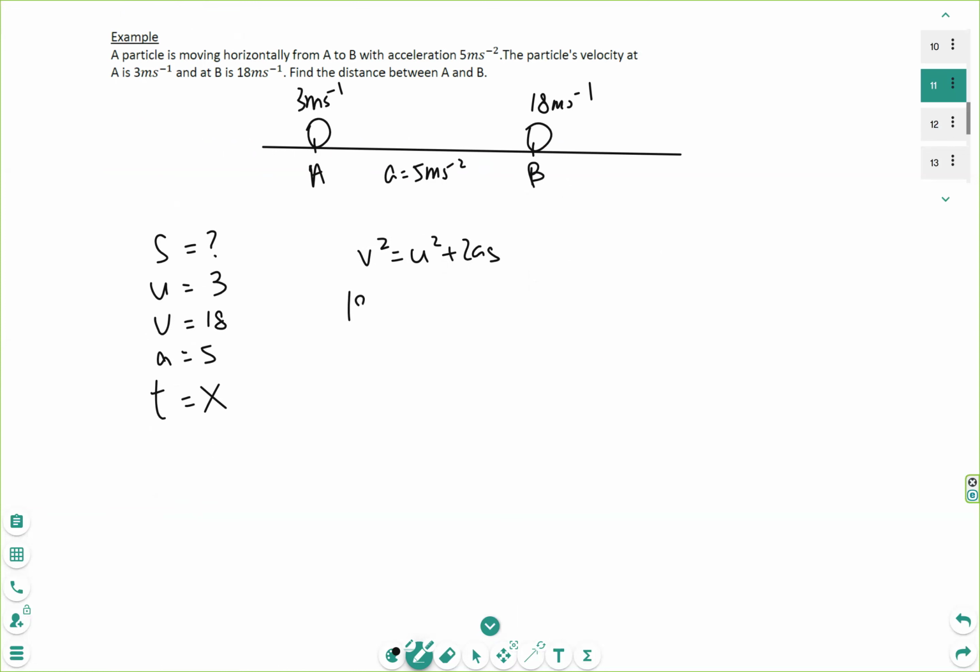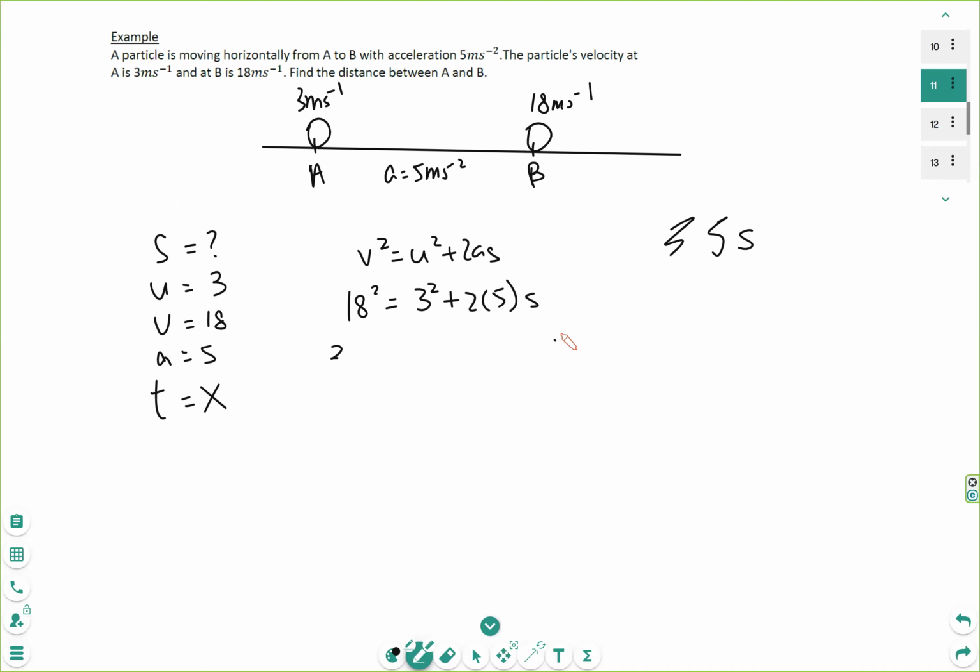So 18² = 3² + 2 × 5 × s. Now, for those who have really nice and neat handwriting, the opposite of it, ugly and monstrous handwriting like mine, be careful: your 3, your 5, and your s all look the same, especially when you're in a rush in the exam or pressurized.